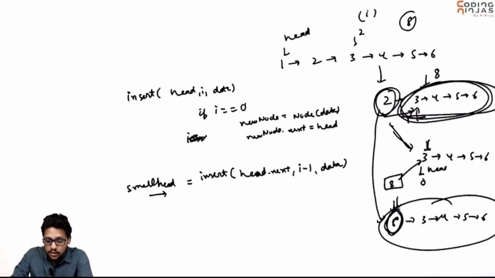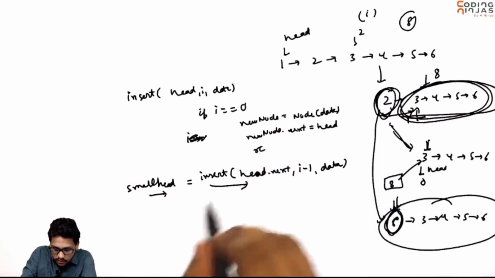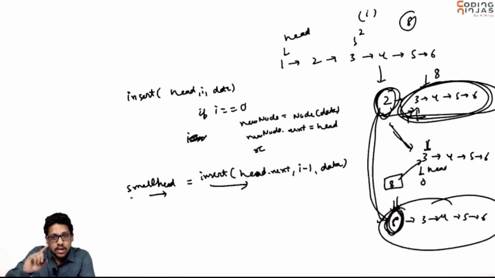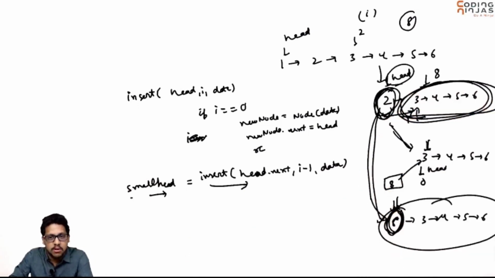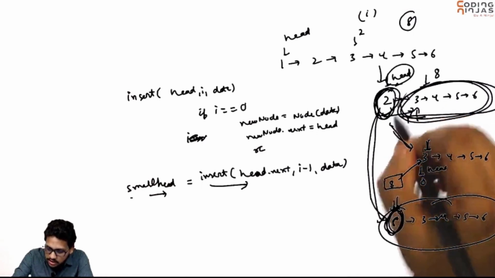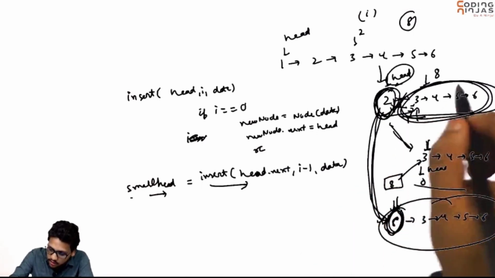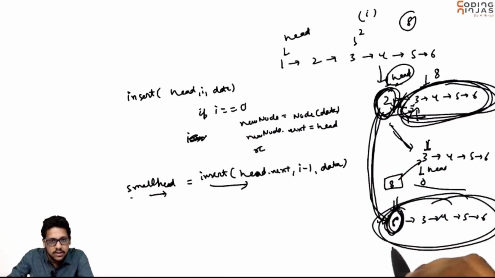If you got the head, what you need to do? You have called this sub problem for 2 here. You got the answer here. You got the head from here. You need to make one change, that this was your head in this problem. You will make its head's next to be 8, not 3. You will remove this, because now since you have called this problem to insert 8 at 0th position, it had returned the linked list with this.